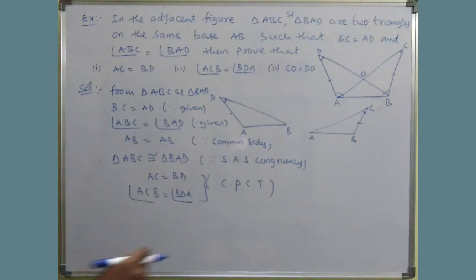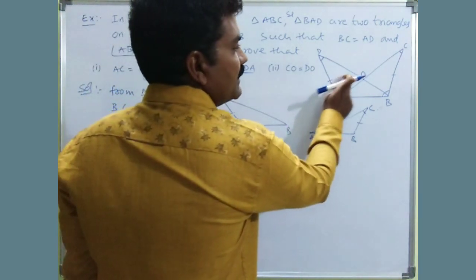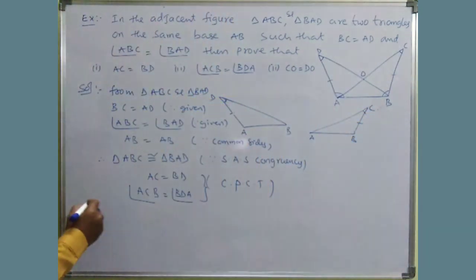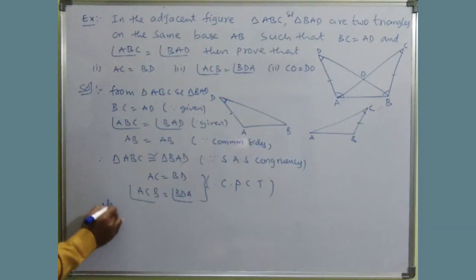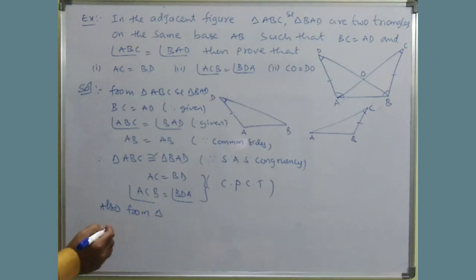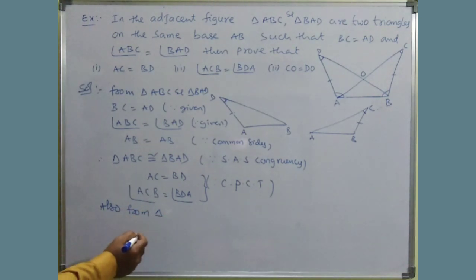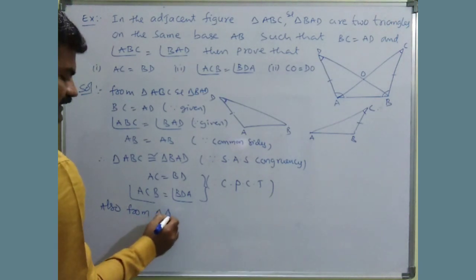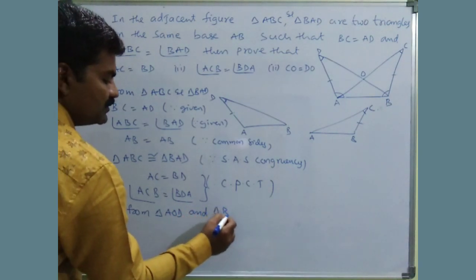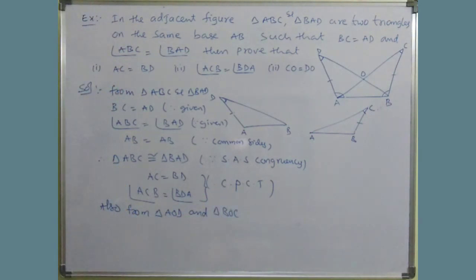For that, I want to consider this triangle and this triangle, these two, because they are related with O. So from triangle AOD and triangle BOC, let us check whether they are congruent or not.